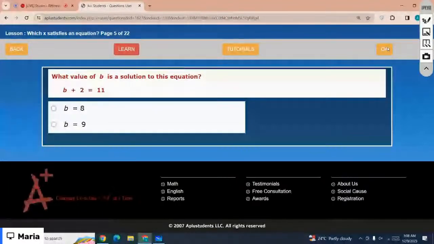Very good. b equals 9 is the solution of the equation.